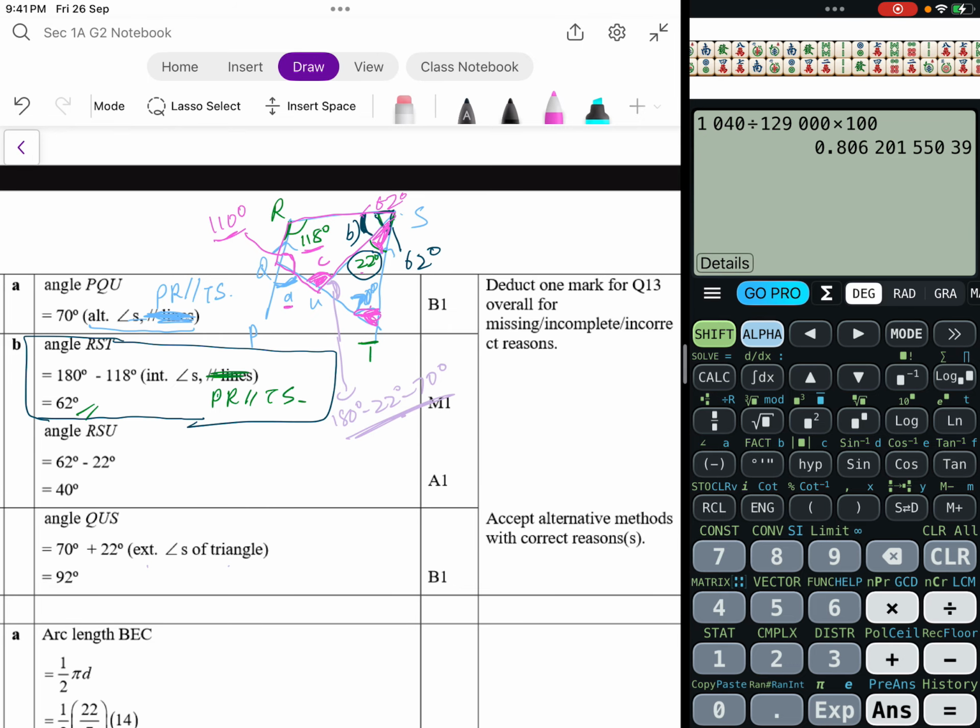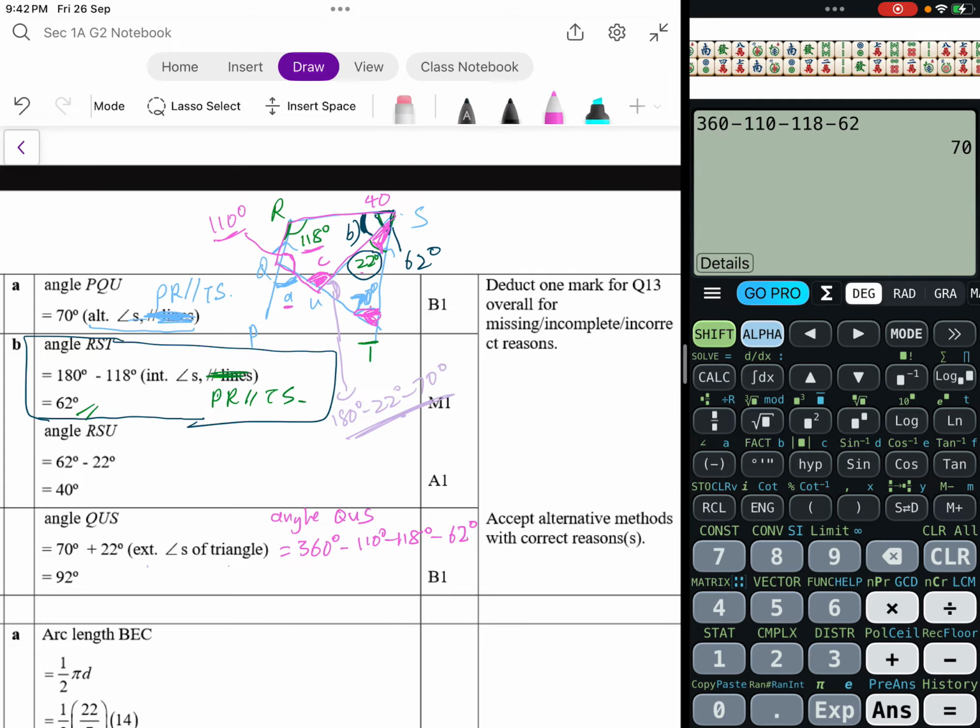So, angle QUS is 360 minus 110 minus 118 minus 62. Oh, sorry, this is not 62, this is 40.